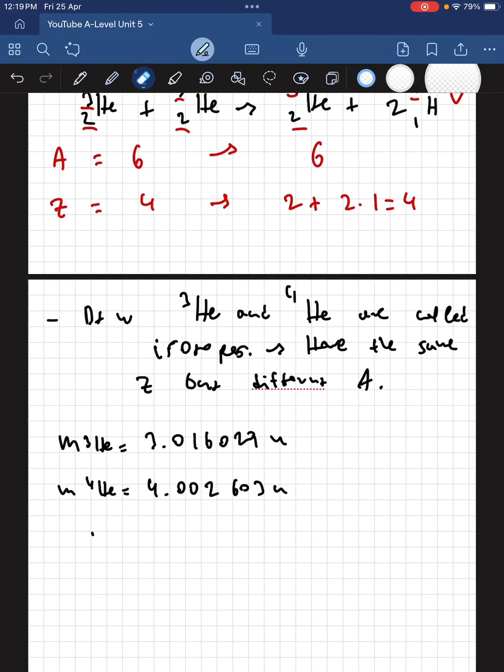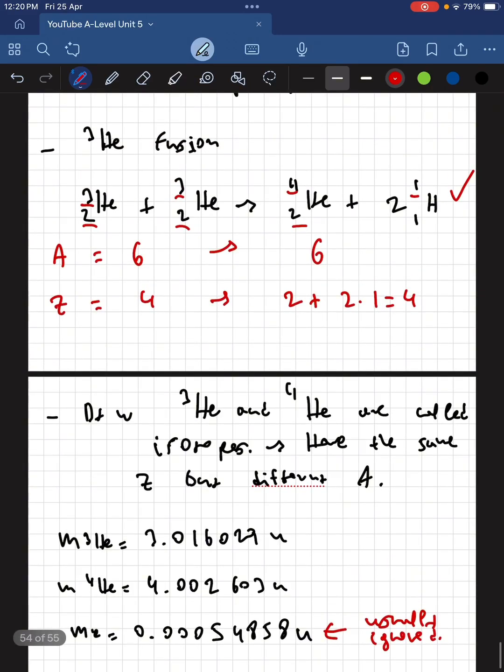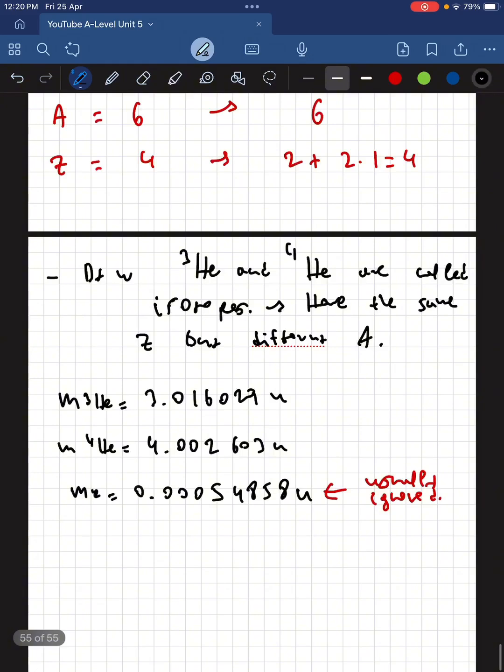And I'm going to write here the mass of the electron for the first time. 0.00054858 U. And I'm going to put a red color here. This is usually ignored because it's so light, okay? But here we said that we have 2 hydrogens produced. So to be precise, we need to include it. I'm going to show you why.